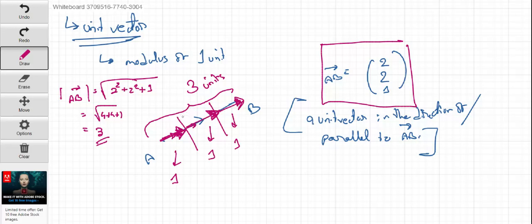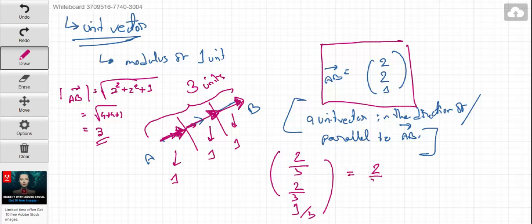What that means is, if I take this vector notation, the numbers in AB are 2, 2, and 1. And if I divide this entire vector in three parts numerically as well, just like I've done diagrammatically, basically divide the 2 by 3, divide this 2 by 3, divide this 1 by 3. What I get is 2 by 3 i plus 2 by 3 j plus 1 by 3 k.